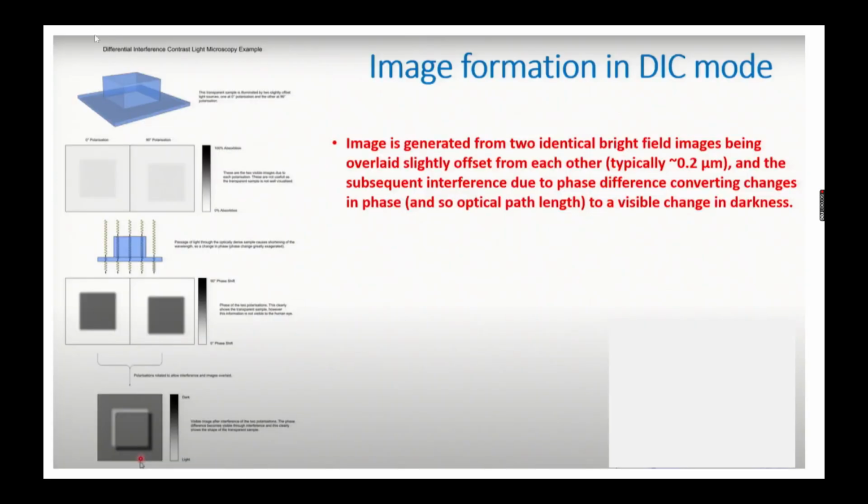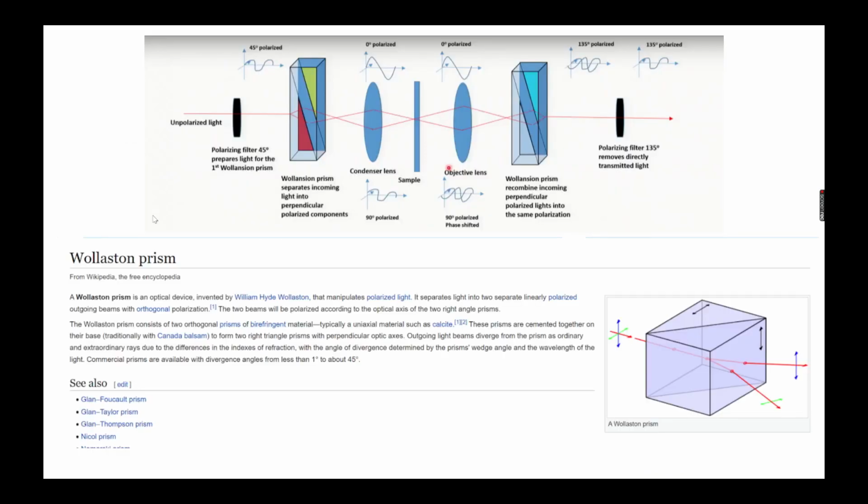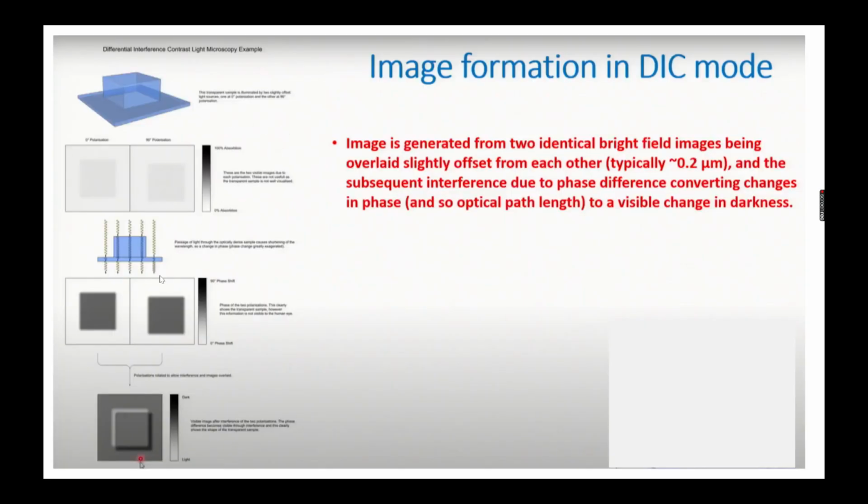When the light is coming from the light source, the image is generated from two identical bright field images being overlaid slightly offset from each other. So this is giving a shadowing image, with subsequent interference due to the phase difference, converting changes in phase.